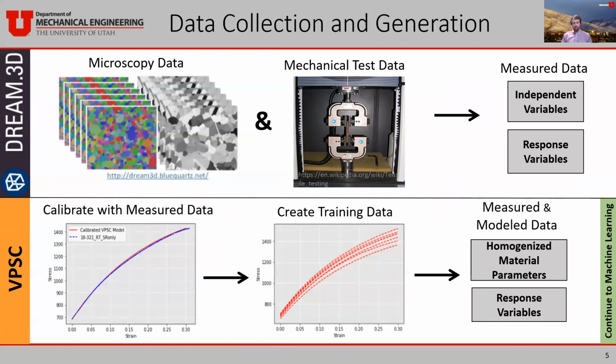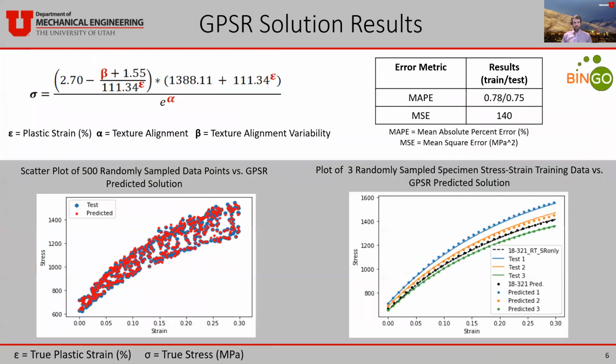And from that, the initial analysis produced the equation shown in the top left here, in which stress is given as a function of strain, a parameter describing texture alignment, and a parameter describing texture alignment variability.